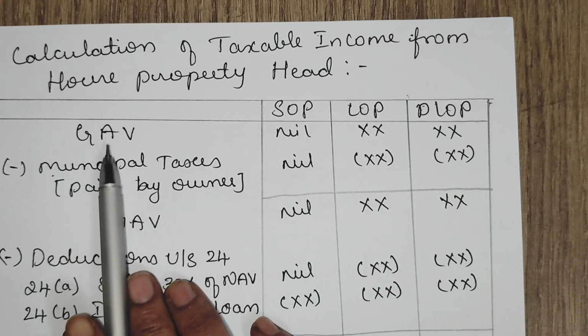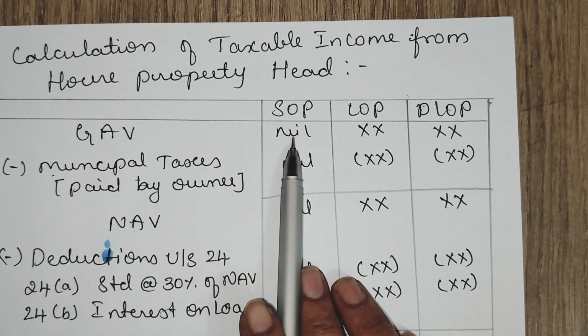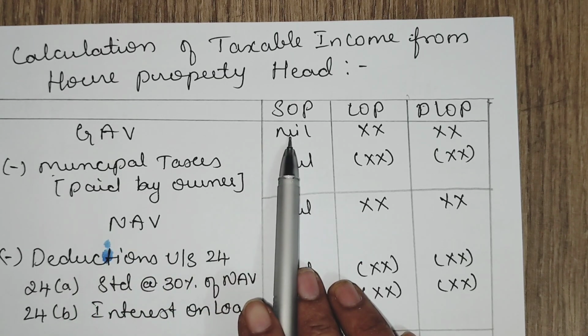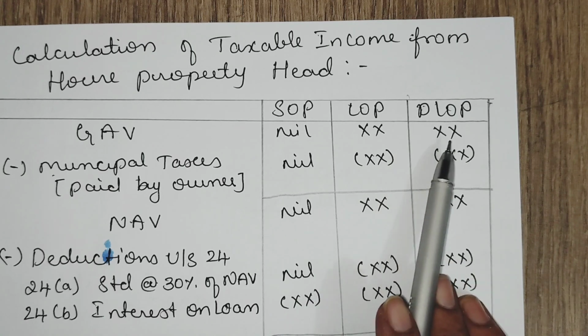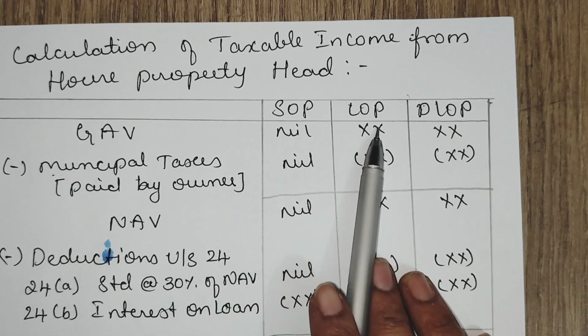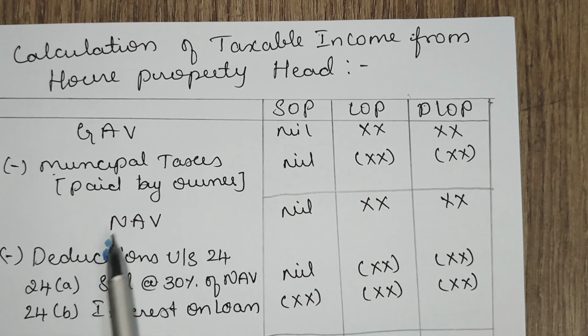The gross annual value, whatever we have calculated, will be taken. It will be nil for self-occupied property because it is exempted from tax. For LOP, we are considering. For DLOP, we are considering. From this, the municipal tax paid by the owner will be deducted. Then we will get net annual value.